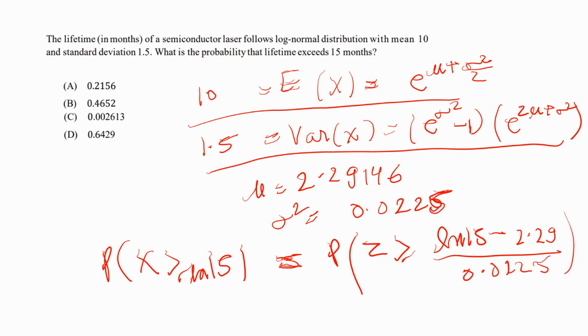Okay. So now if you solve it, ln 15 minus 2.29 will be 0.418, and 0.418 divided by 0.0225.